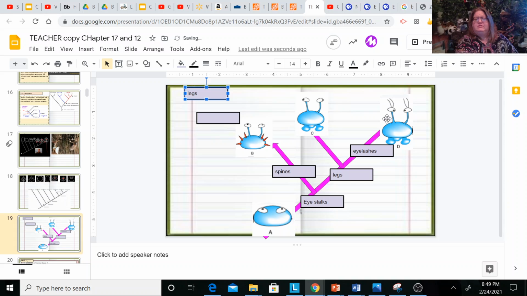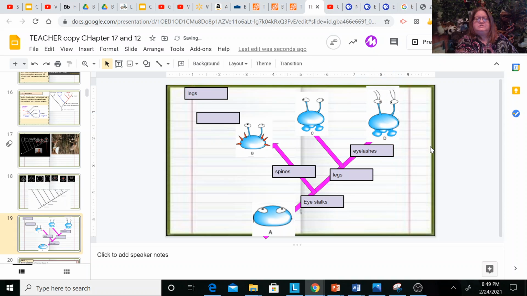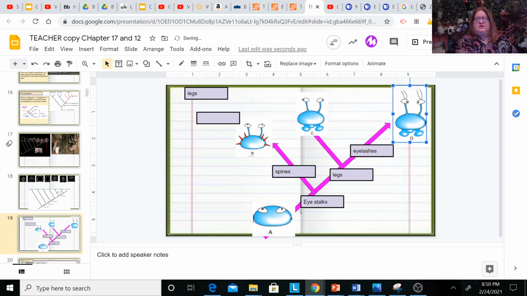If you thought it could be like this, well, you're right too, because it still shows an accurate relationship between all of the characteristics and all of the organisms. D is the only one with eyelashes. The way we put the characteristics there, that works. Here we have D. You follow the arrow. He's the only one that has eyelashes.